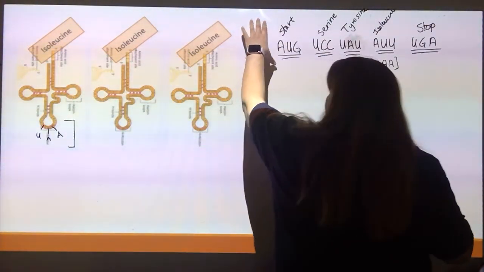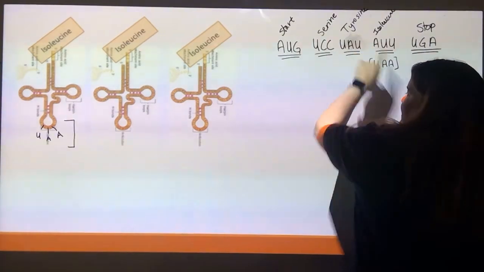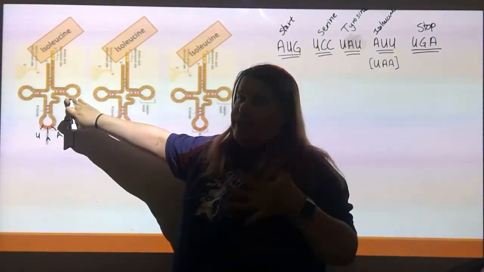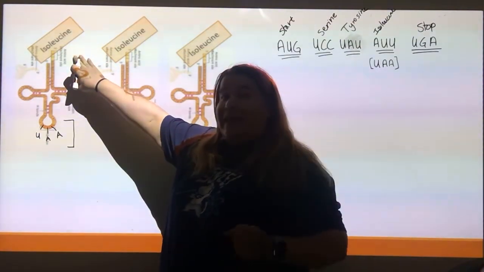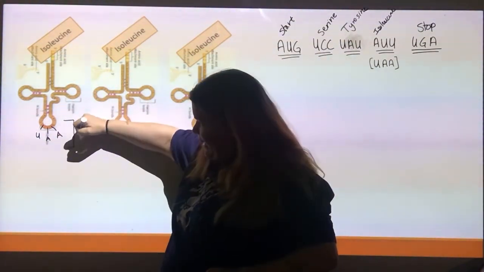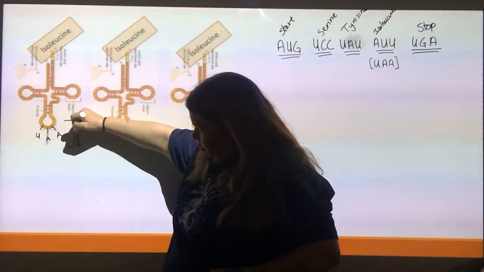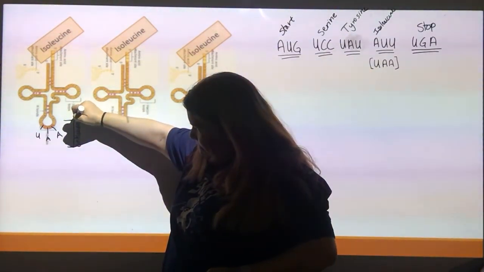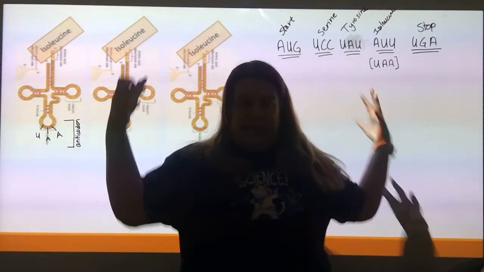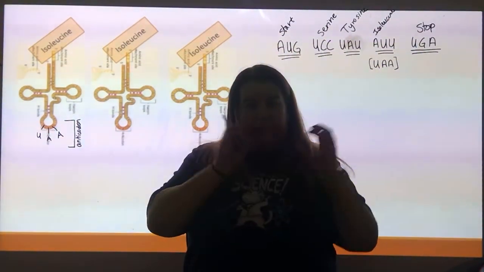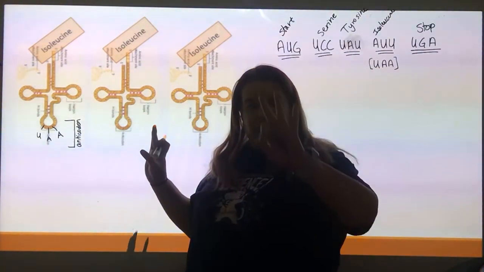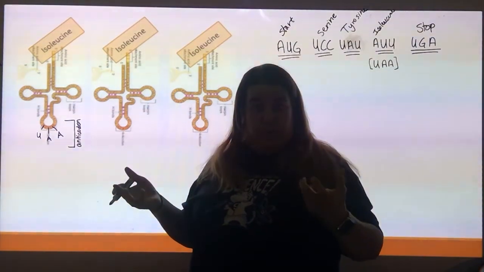When my ribosome is reading and gets to AUU, this is the specific transfer RNA that brings me isoleucine, because its anticodon matches the codon. It's the complement. Remember, isoleucine has 3 codes.